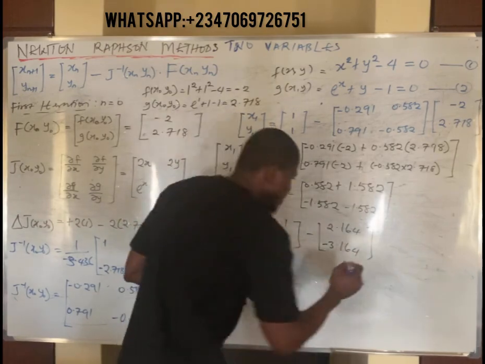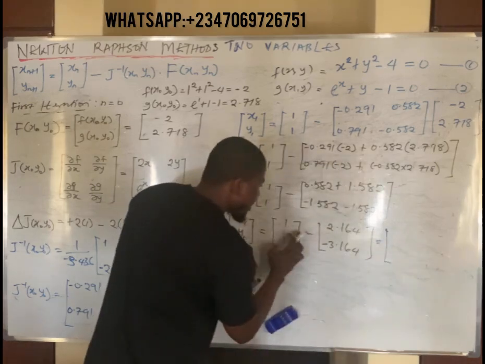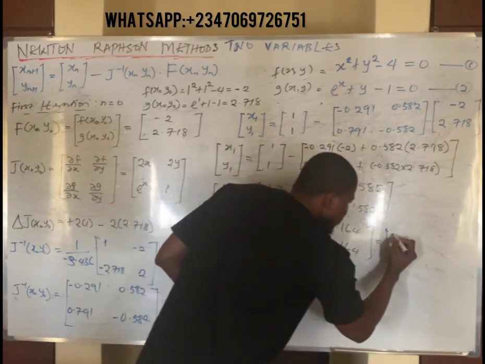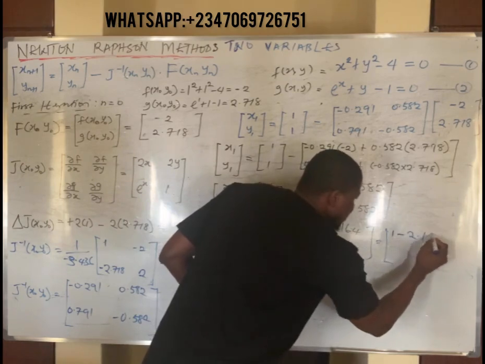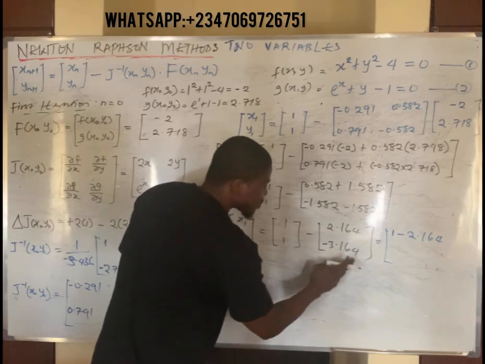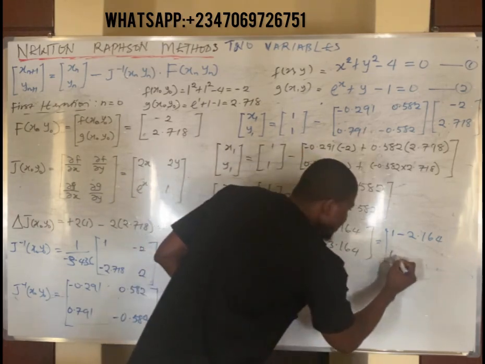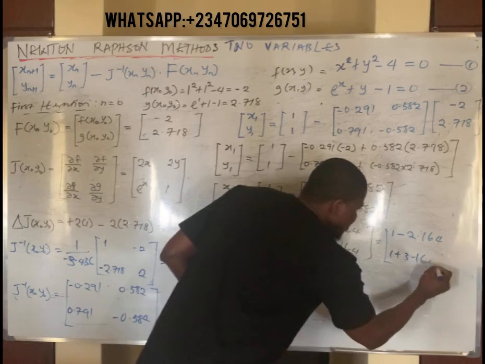So this is equal to 1 minus 2.164, then 1 minus negative 3.164. Minus becomes plus. So this gives me 1 plus 3.164.